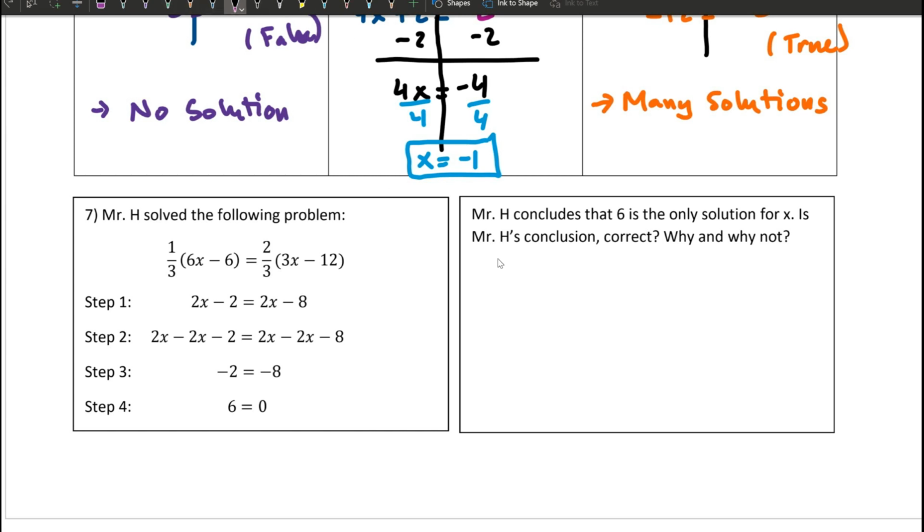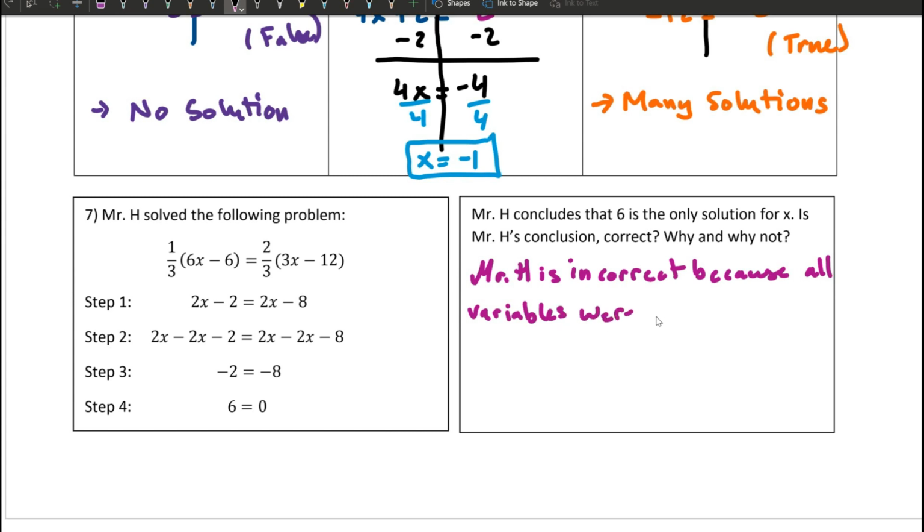I will say Mr. H is incorrect. Okay. Because all the variables were canceled out.